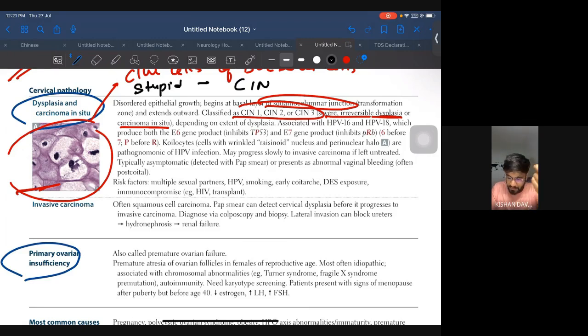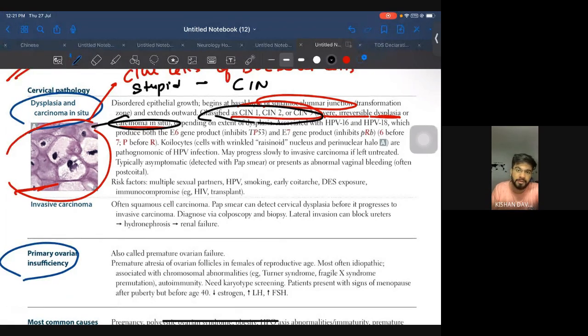One was carcinoma in situ, second was invasive carcinoma, third and fourth were some other things. But I remembered that the carcinoma in situ they had talked about here, so I had to mark carcinoma in situ. Such a stupid question, I don't know how they made this. So remember carcinoma in situ, you may also get such a question. In the exam I got this question.